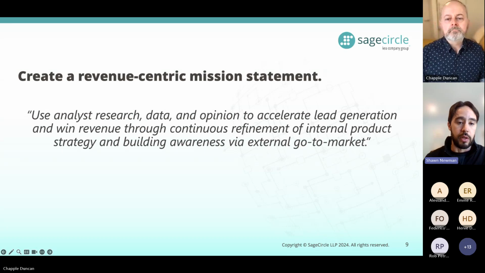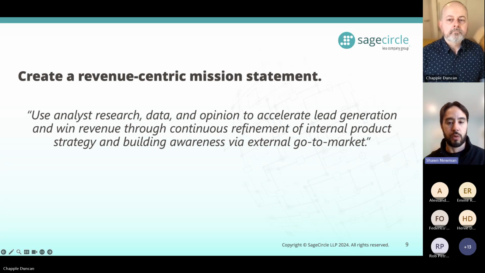So, here's one that I just put together: use analyst research data and opinion to accelerate lead generation, which is what we'll talk about today. Win revenue; ultimately those leads should turn into opportunities. And like I said, it's a continuous refinement of internal product strategy.